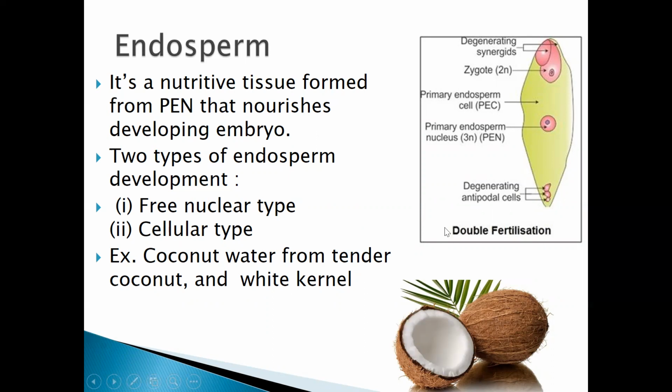And how is it formed? It is formed by the double fertilization process, where the male gamete fertilizes the polar nuclei in the central cell, forming the triploid primary endosperm nucleus.